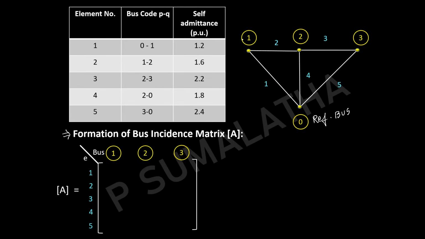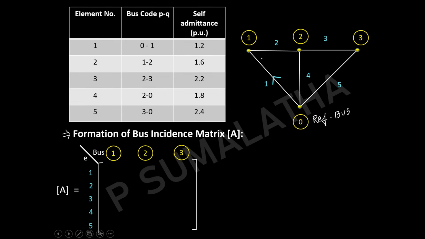Now for the first bus, element numbers 1 and 2 are connected, so elements 1 and 2 will have a nonzero value. The remaining values will be 0 because they are not directly connected to my first node. But more importantly, you also need to check the polarity, whether it is +1 or -1. For that we should know the direction of these two lines. The first element is connected between the reference node and the first node, that is 0 to 1, so the direction is towards the first bus.